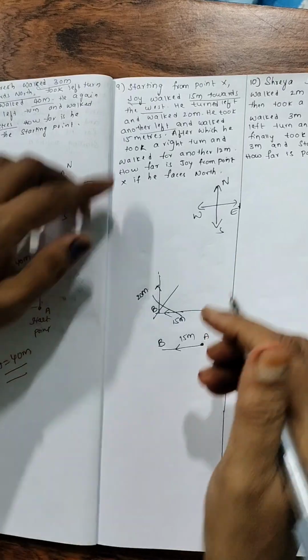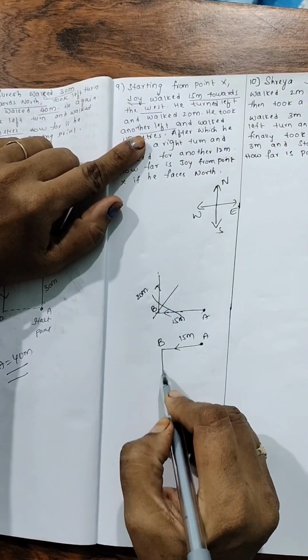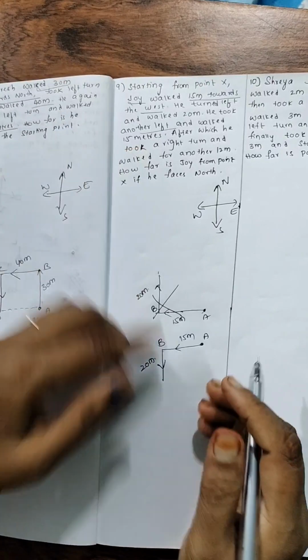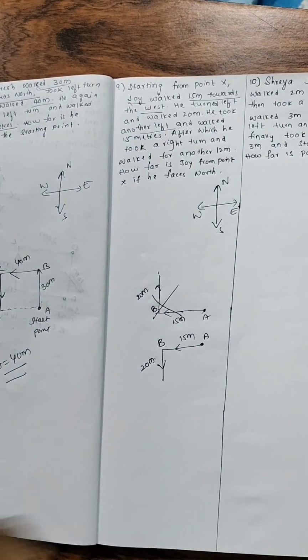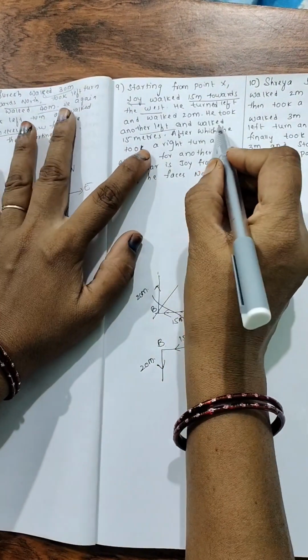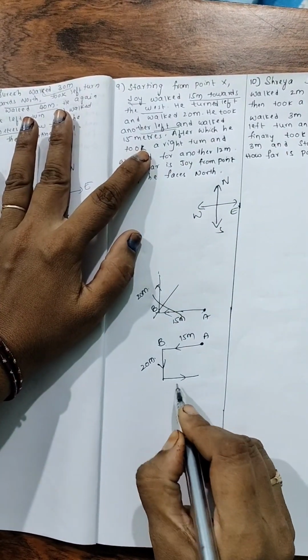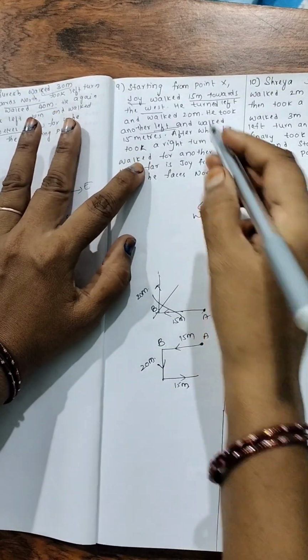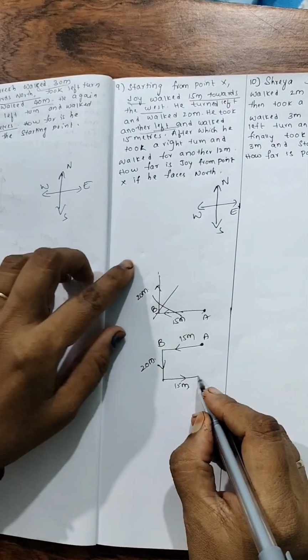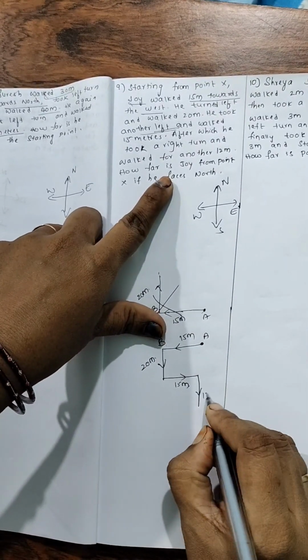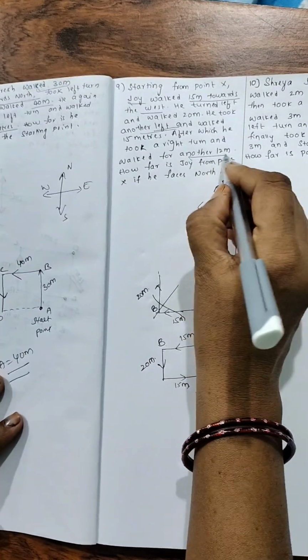This becomes left. He turned left and walked 20 meters. Okay, he stood here. Now this becomes the next left for him. He took another left, same 15 meters. Again he stood here. Now he took right, this is the right, and travelled 12 meters.